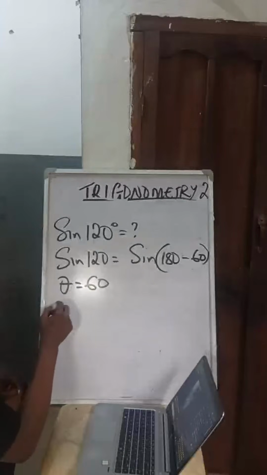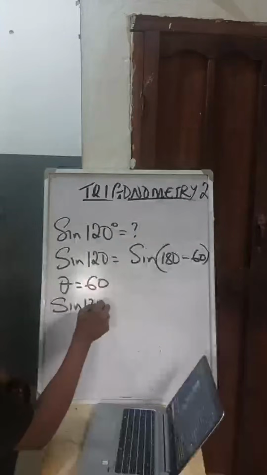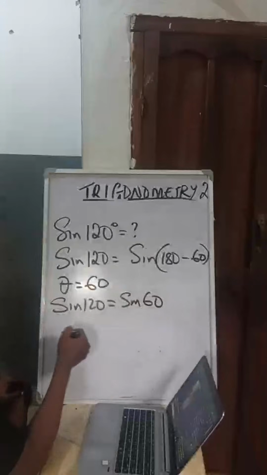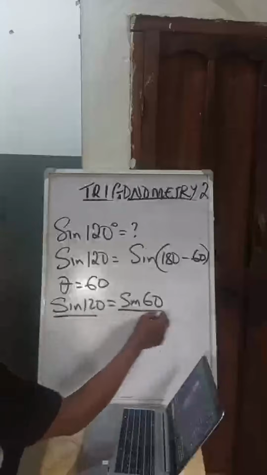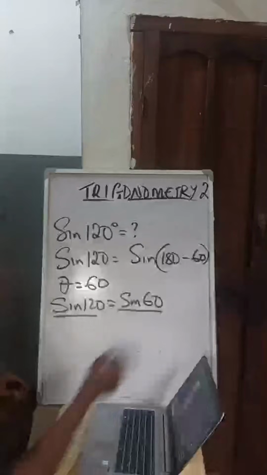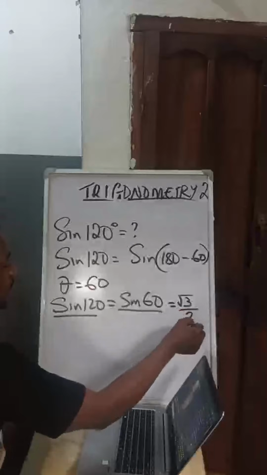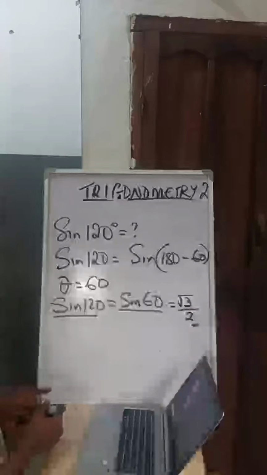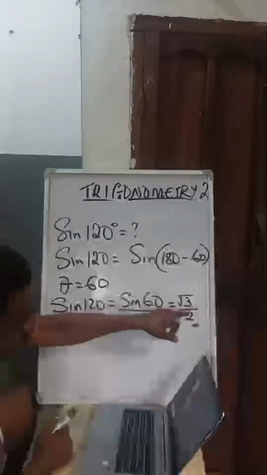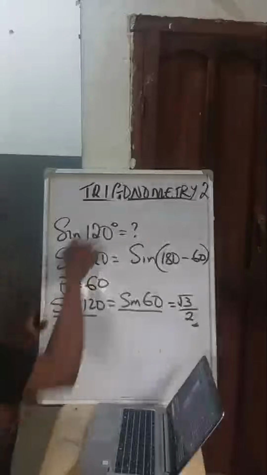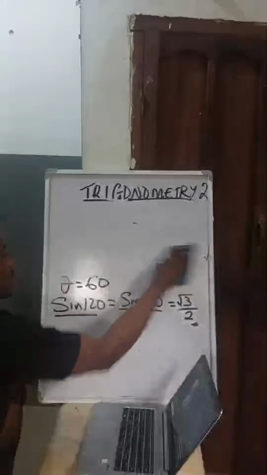Therefore, sine 120 is equal to sine 60, which is the same thing as root 3 all over 2. So when you punch sine 120 in the calculator, you get root 3 all over 2. Nothing else again.